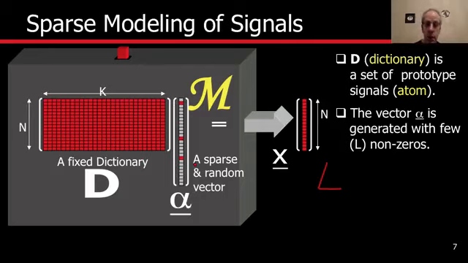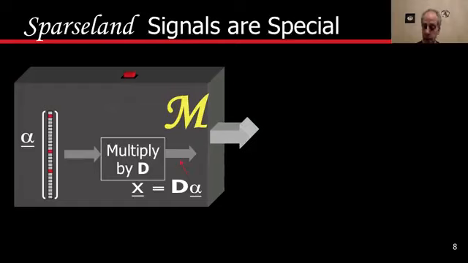And because there are only a few non-zero coefficients, this vector is very sparse. And from that, the concept of sparse modeling. So we have a signal represented as a product of the dictionary and a vector alpha with only a few non-zero entries, a very sparse vector.